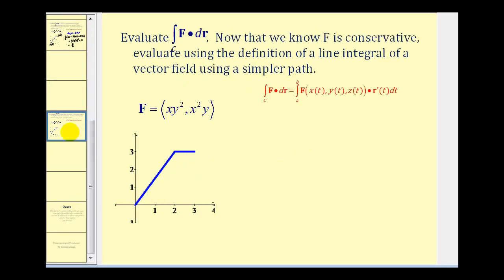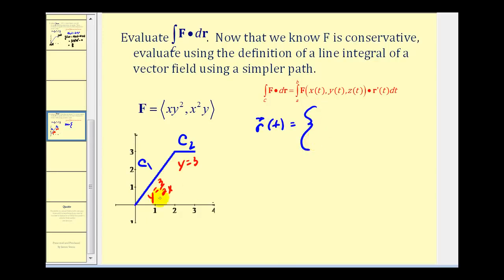Now let's take a look at the same problem using the original technique for integrating line integrals. So we have two paths to consider, path 1 and path 2. The equation of curve 1 would be y equals 3/2 x, and the equation for curve 2 would be y equals 3. So let's go ahead and parameterize our curve in terms of t.